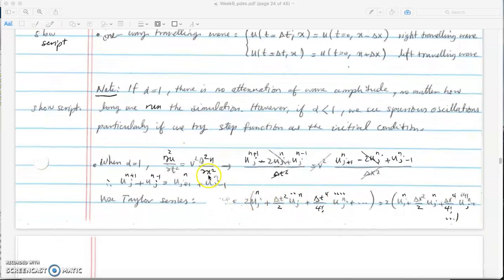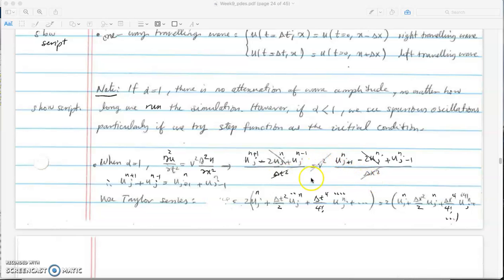So looking at the discretization of the wave equation using direct methods, where we use the central difference for the time derivative and central difference for the spatial derivative, because you're using alpha equal 1, then del t squared times v squared over del x squared, these three cancel out, because if you multiply through by del t squared, then del t squared times this divided by that is going to be 1 anyways.